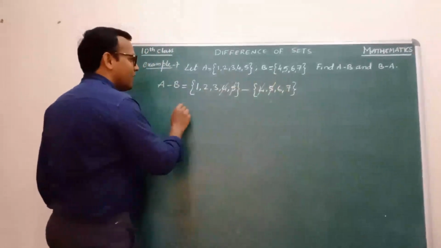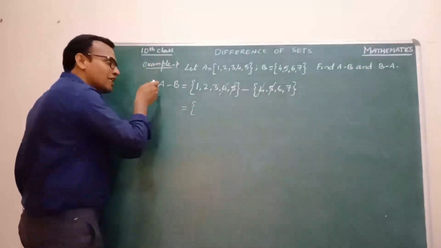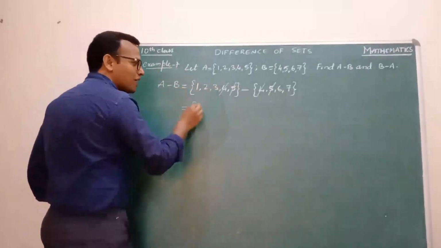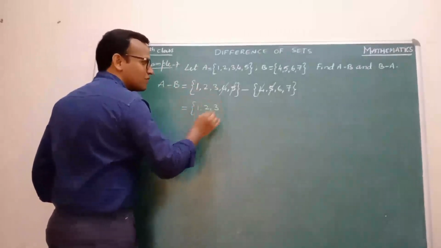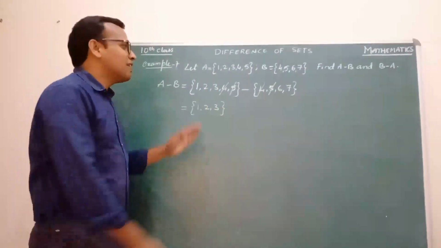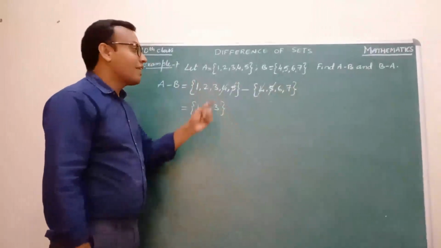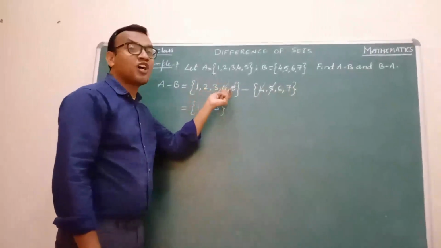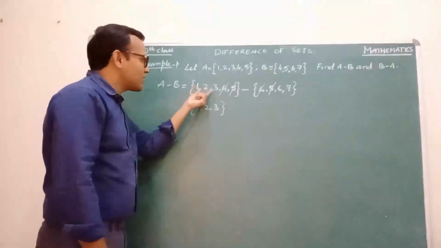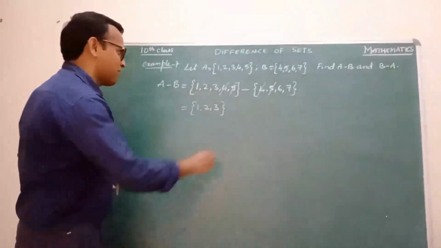Now A minus B means the elements present only in A. What are they? 1, 2, 3. Children, you need to be a little careful. We have to omit all the elements of B, even the elements which are in common. Okay. Now the set of 1, 2, 3 is A minus B.